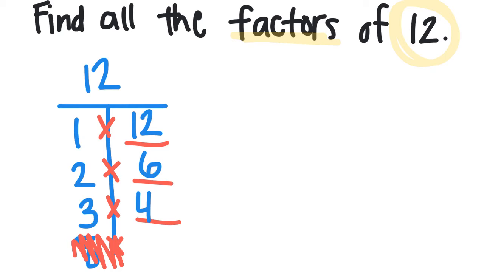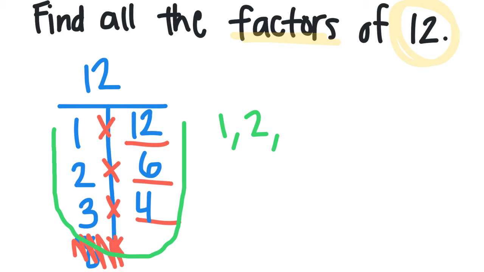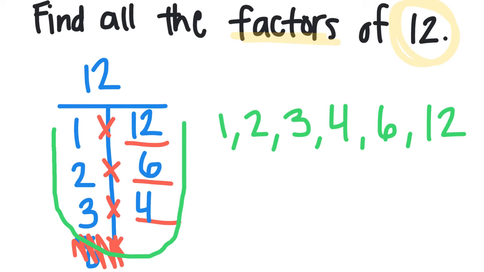Whenever you write down a list of factors, you always write them in order from smallest to biggest. So we're going to start at the 1 and go 1, 2, 3, 4, 6, 12. You can see it makes like a smiley face. So the factors of 12 are 1, 2, 3, 4, 6, and 12.